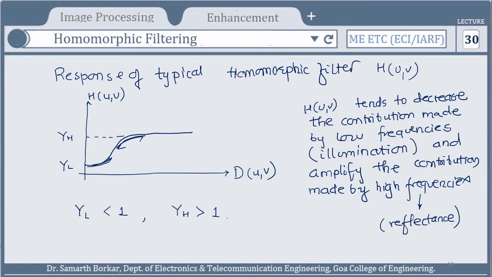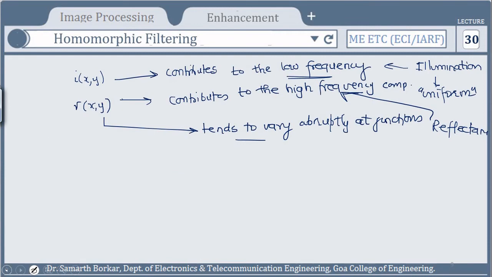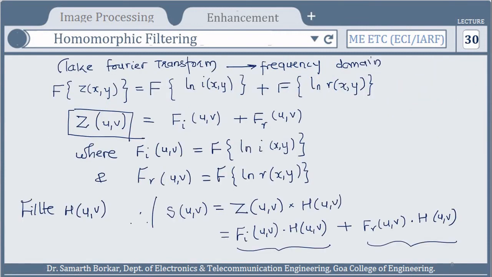Fine. Now the all important question is, how do we get back the modified image? So we have written in this expression, S of u v is nothing but application of the filter H of u v to the input image Z of u v, and for that we have separated out the input image into Fi and Fr, illumination and reflectance counterparts.